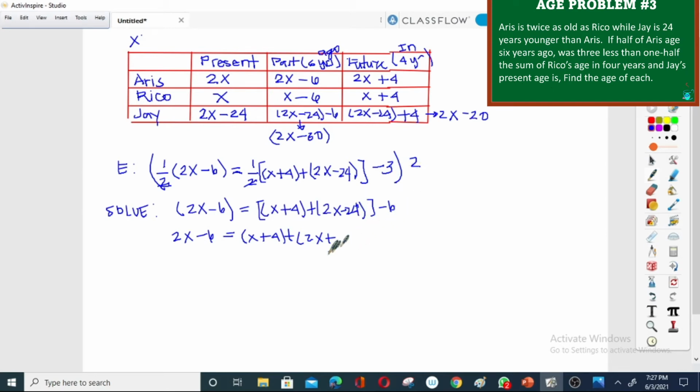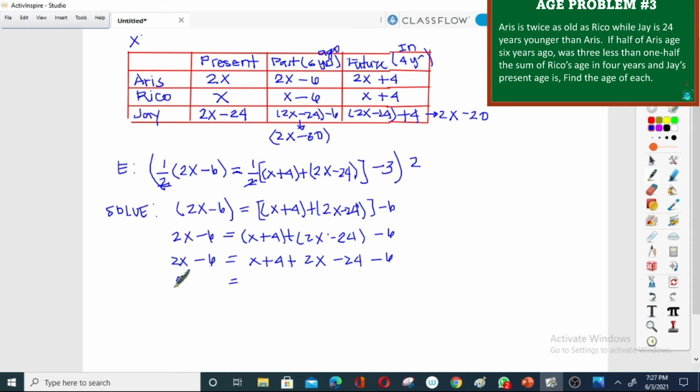Three times 2 is negative 6, so minus 6. This is J's present age, minus 24. Okay, so minus 6. And then let us combine similar terms. So x plus 4, just remove the parentheses, plus 2x minus 24 minus 6 is equal to 2x minus 6.